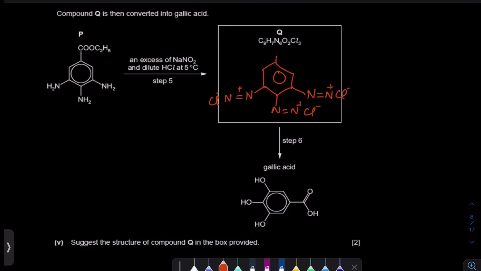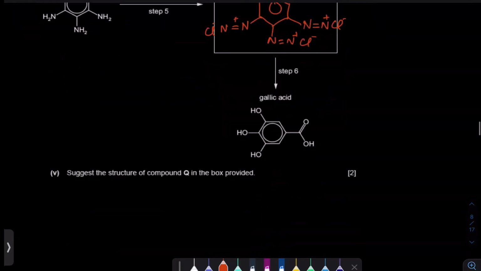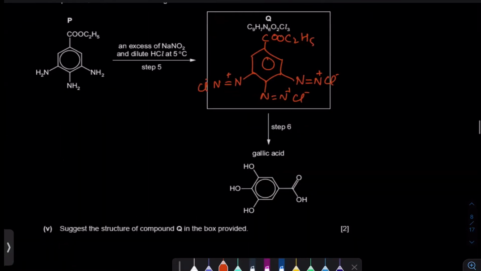So you can combine it all together and say that is N2Cl. And here it will be COOC2H5. Okay, so that is the structure of compound Q.